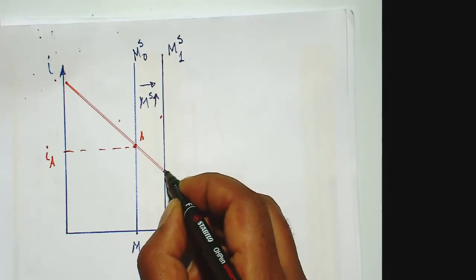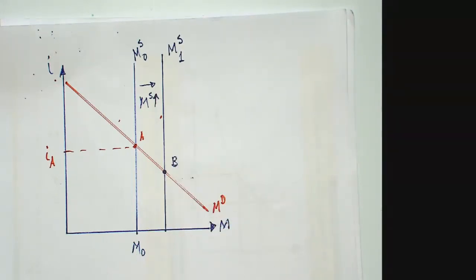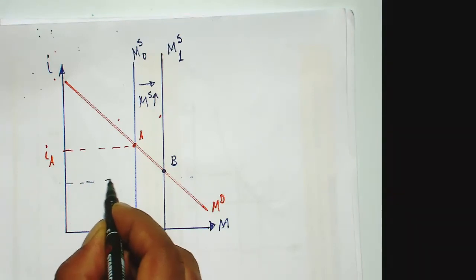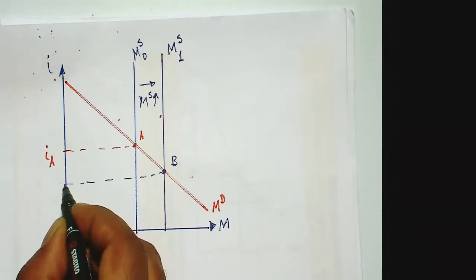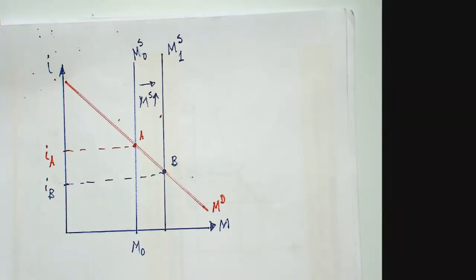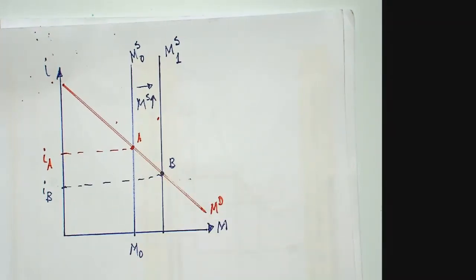So that is again to say we have a point B as a new point where money supply increased, and at this point B we have a new interest rate IB. So what happened here is that at this point we have a higher money supply.